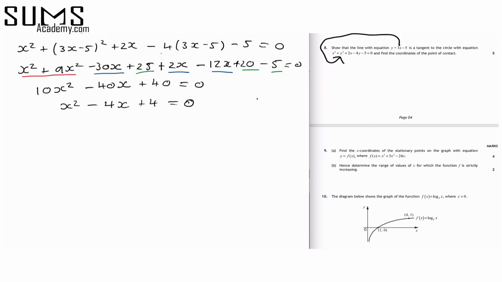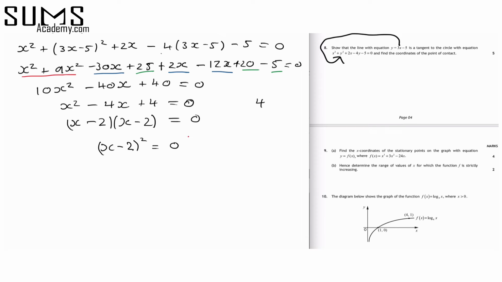It multiplies to 4 and adds up to minus 4, so 2 and 2, so x minus 2 squared equals 0. Those are your two roots there. When you've got this x minus 2 and this squared term, it means it's a double root, or you could say it means there's only one root.